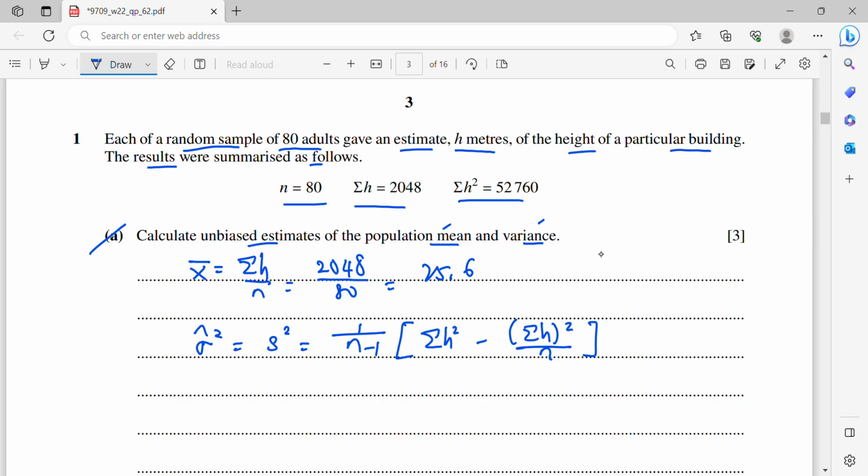So now replace the values. 1 over, n is 80, so 80 minus 1 becomes 79. Then summation h squared will be 52760 minus the square of 2048, divided by 80. So at last we will be getting 4.19. So that's the solution for part A.